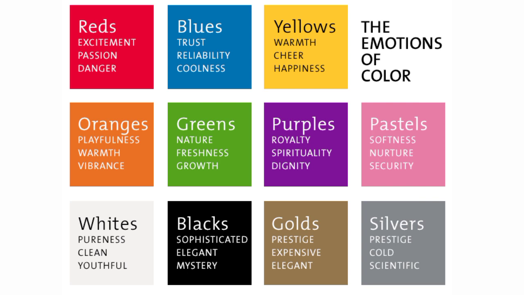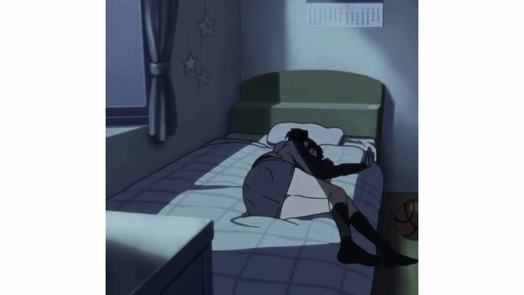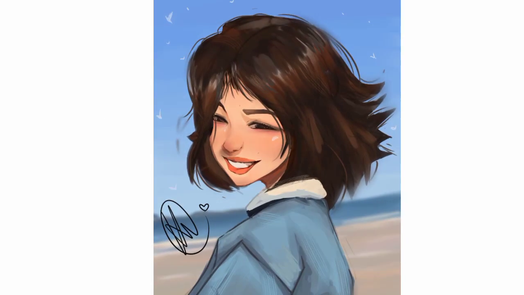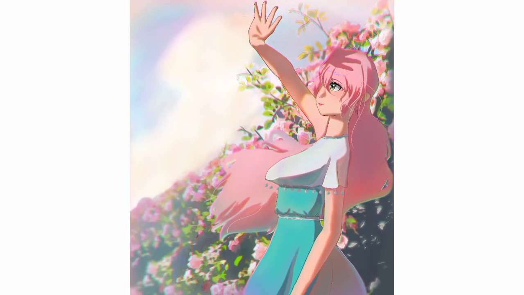In purple it's royalty, green freshness, growth, and yellow of course, happiness, sunshine. Like here it's dark, and in the previous one it was pink, and here it's just sunny, it looks happy. And yeah, by using colors you can show different emotions, and you should totally use that, it's interesting.